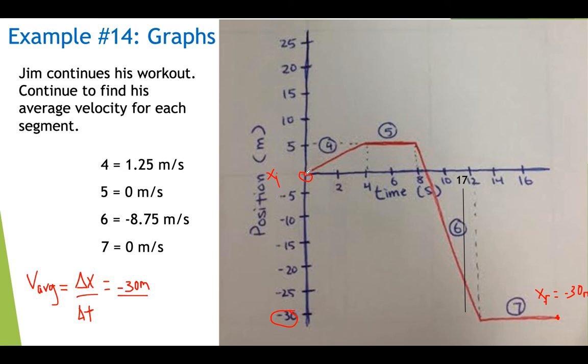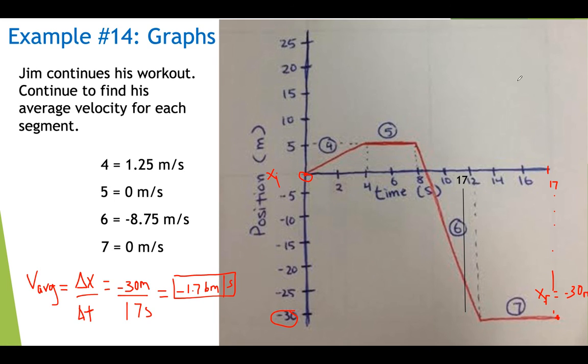We'll divide by the change in time interval. The 17 should actually be over here. It takes 17 seconds to get to that negative 30 meter mark, so we divide by 17 seconds. And the average velocity for the entire trip, we got negative 1.76 meters per second.